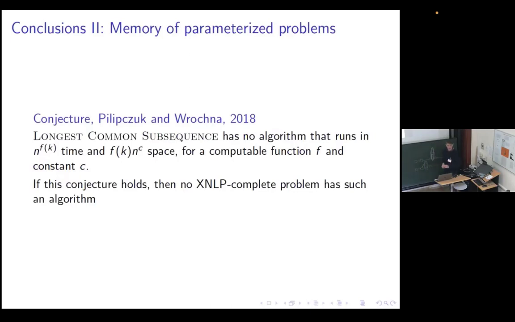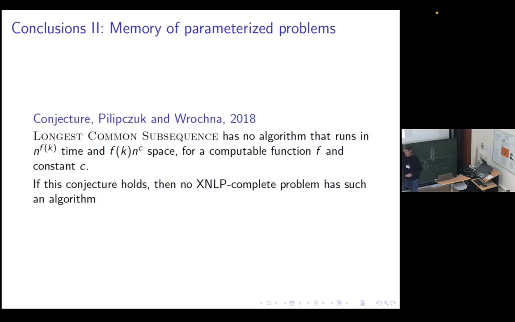Then there is a very nice, interesting conjecture. They conjectured that longest common subsequence has no algorithm which runs in XP time and FPT space.